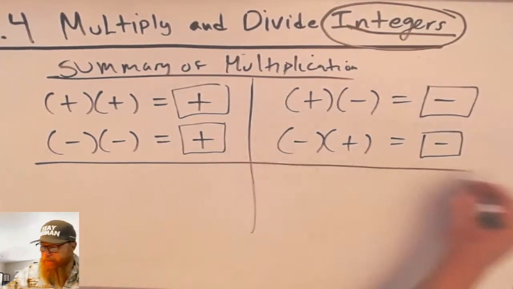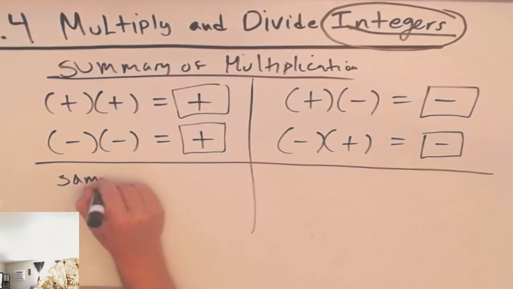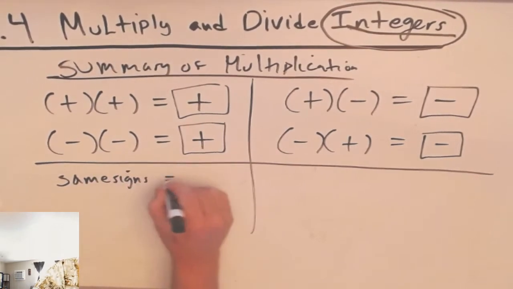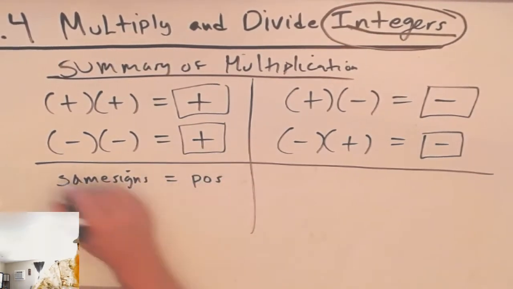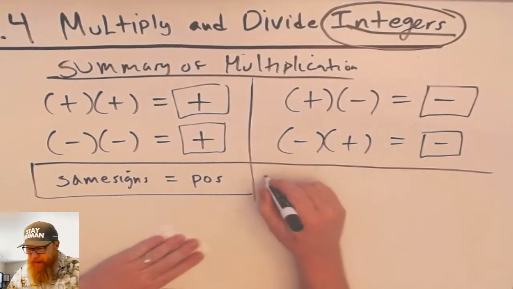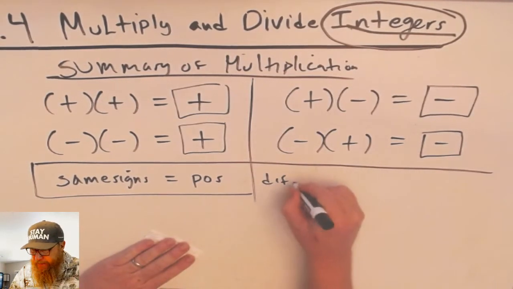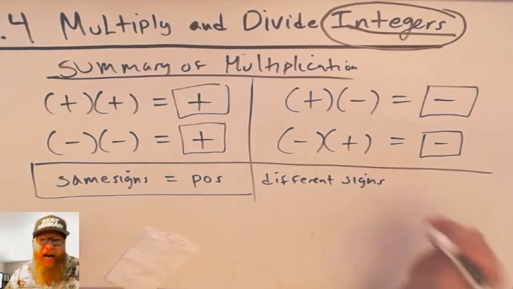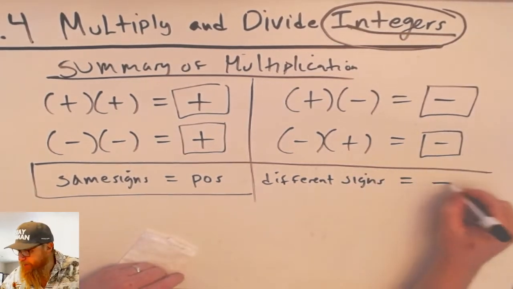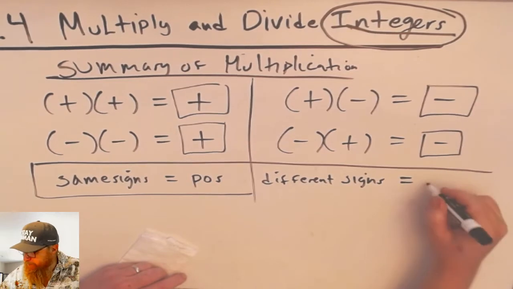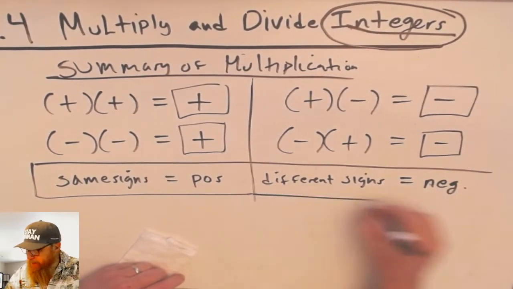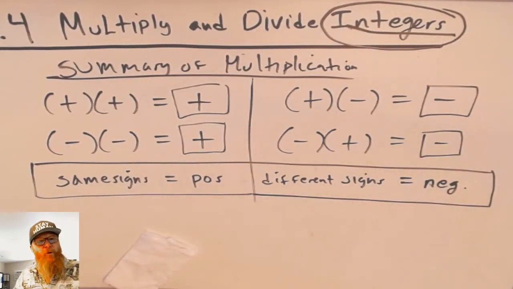Simple way to remember this: if they have the same signs, the result is positive. If they have different signs, or you could say opposite signs, the result is negative. Okay, so those are the summary of multiplication.